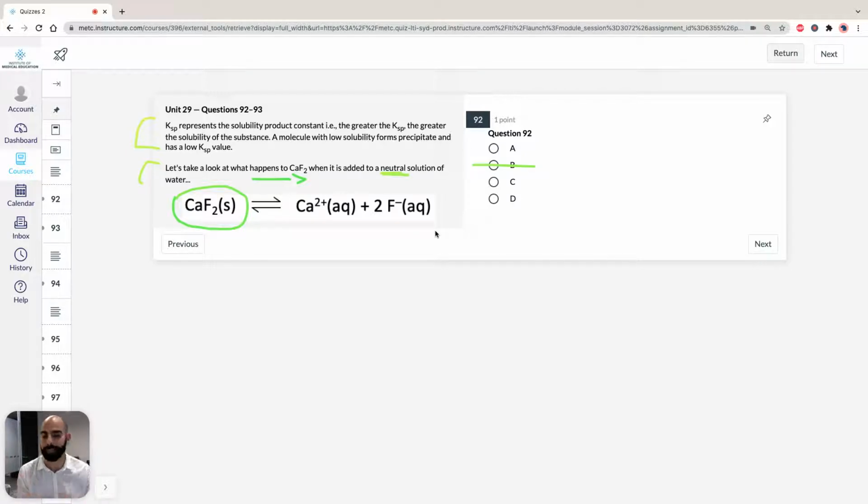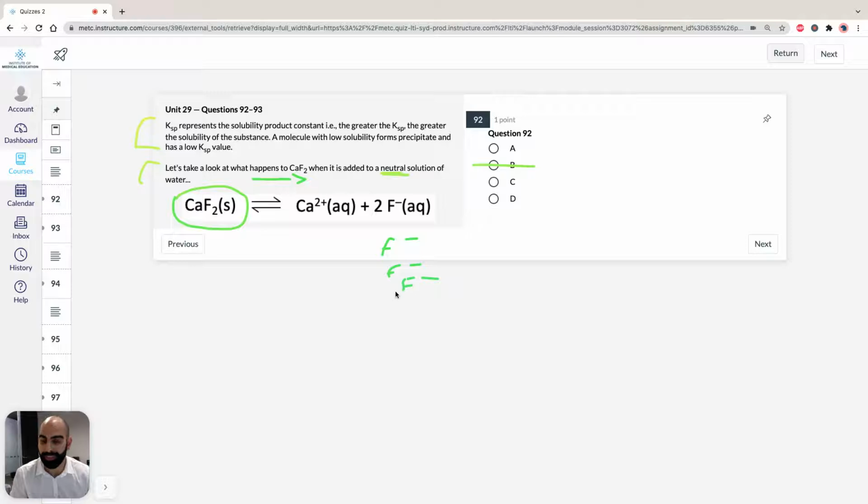Let's say we add a base. We're told in the stimulus that fluoride ions are a weak base, so let's add fluoride ions. If we add more fluoride ions, we're going to have too much of the items on this side.